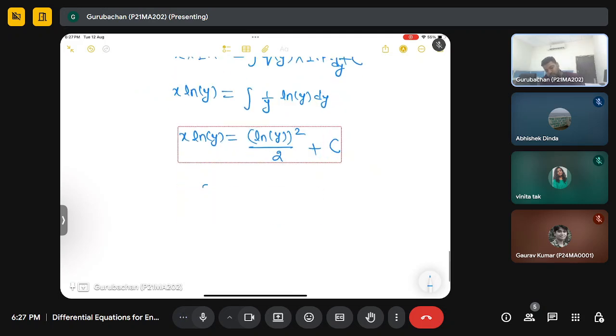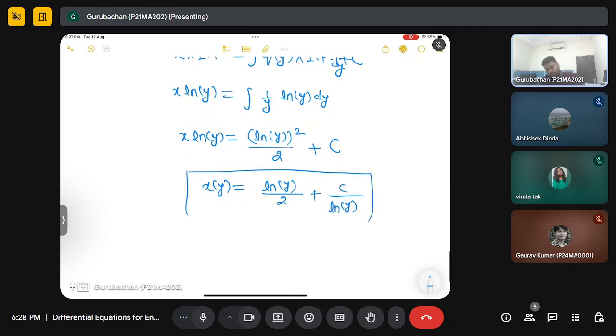So you will rewrite this one, x ln y equals (ln y) squared divided by 2 plus c. This will be the general solution.